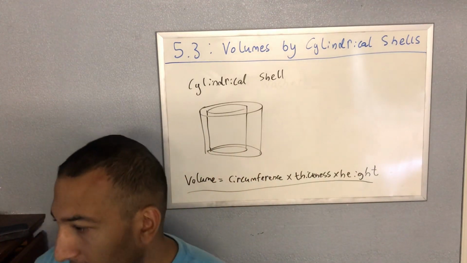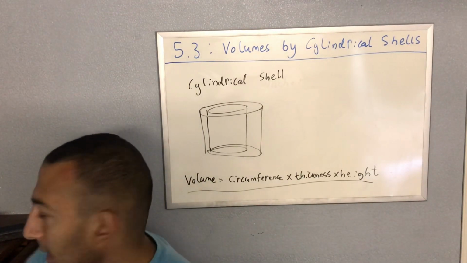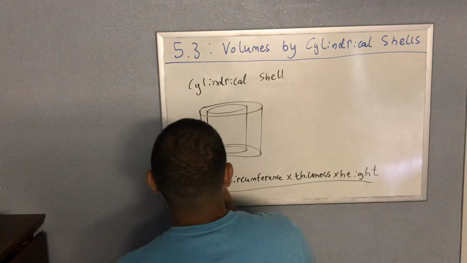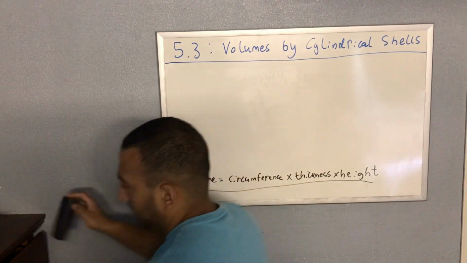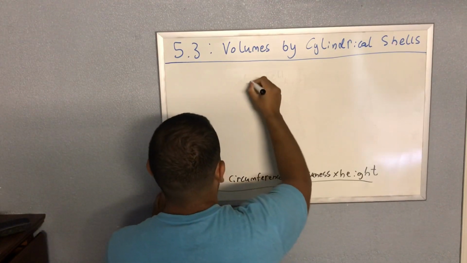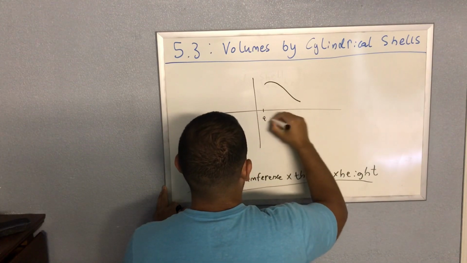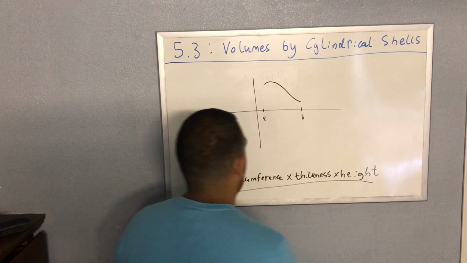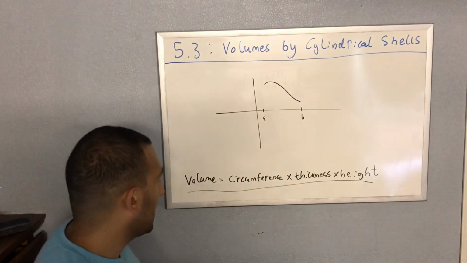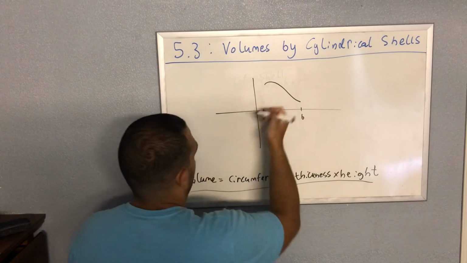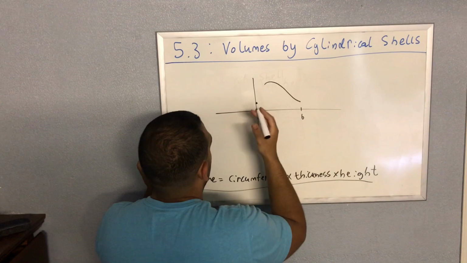So let's look at this in a general setting. Say we have this shape here, we have this little arc here, and then this is A to B. And we're going to take this arc and rotate it about the y-axis. Again, this is coming out of the board and into the board, so it really makes a three-dimensional object.